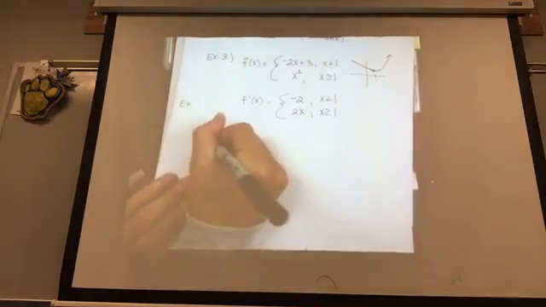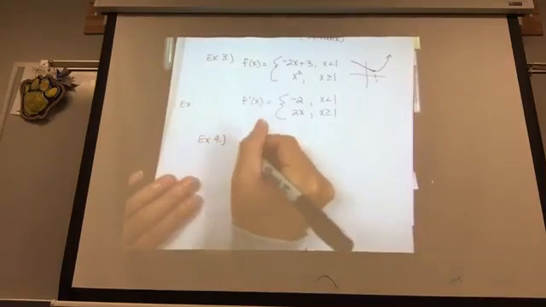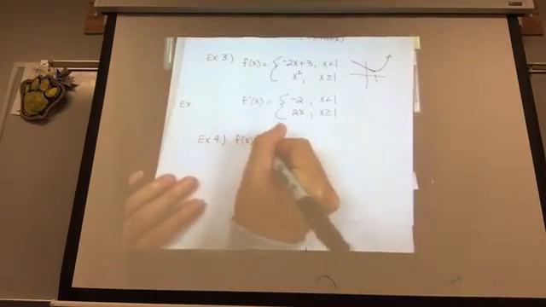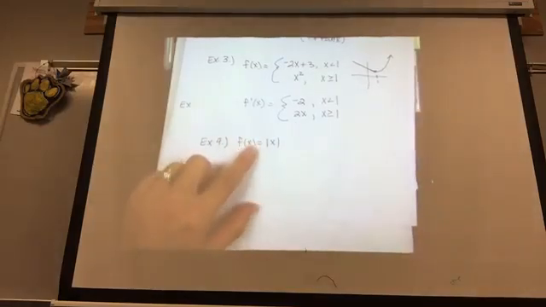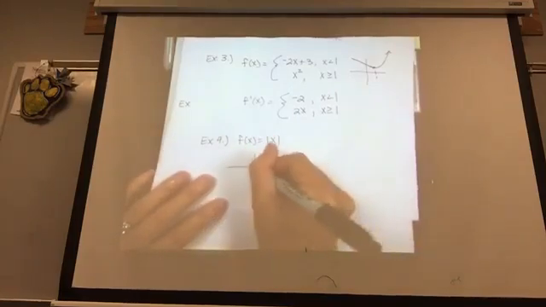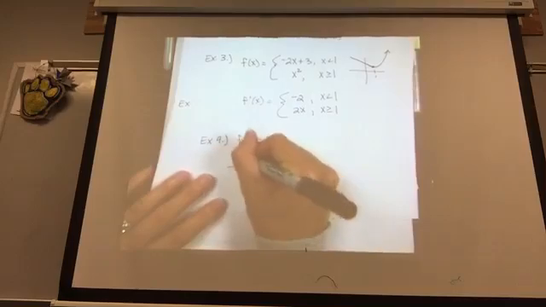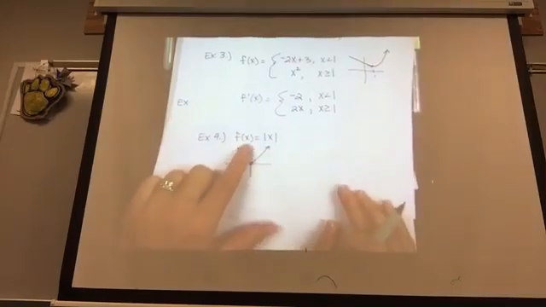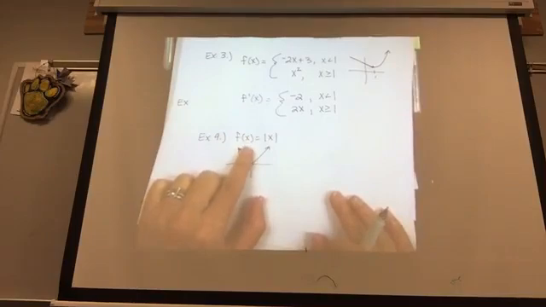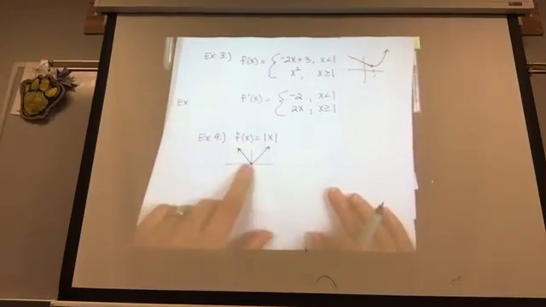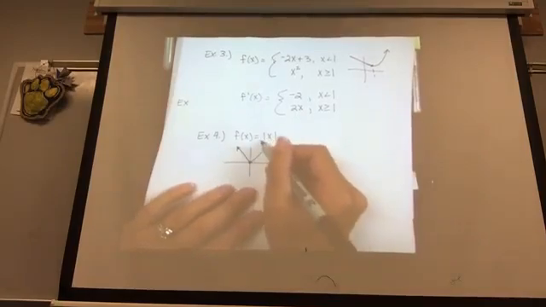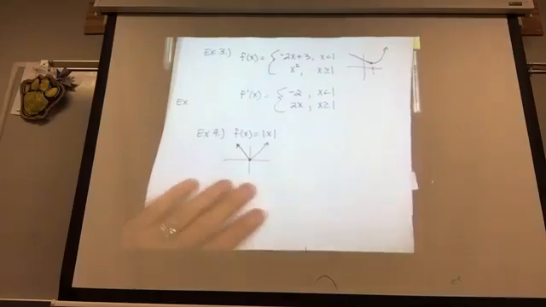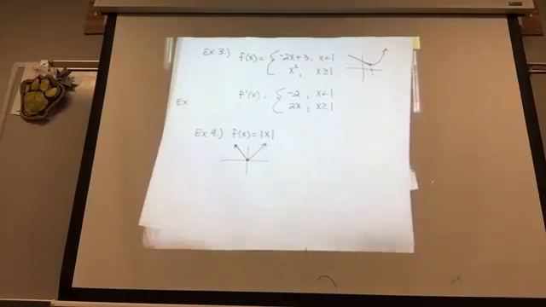And now example 4, f of x equals the absolute value of x. So I know that function is at 0, 0, and makes a V. So absolute value functions can be written as piecewise functions with their two linear pieces. So to take their derivatives, we rewrite them as piecewise functions, which are linear pieces.